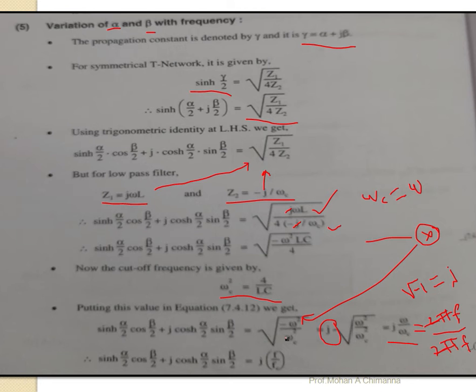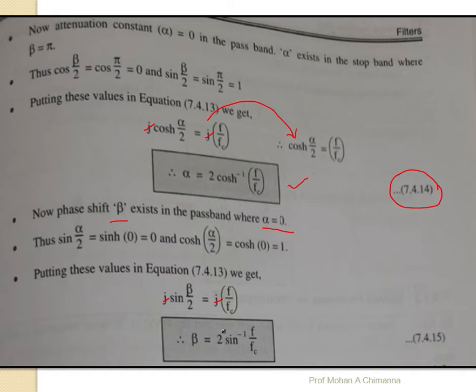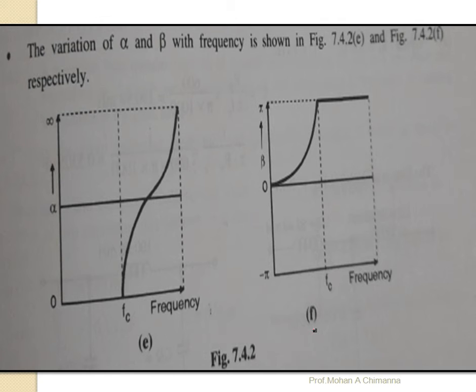In this way we find the variation of alpha and beta with the frequency from these two equations.